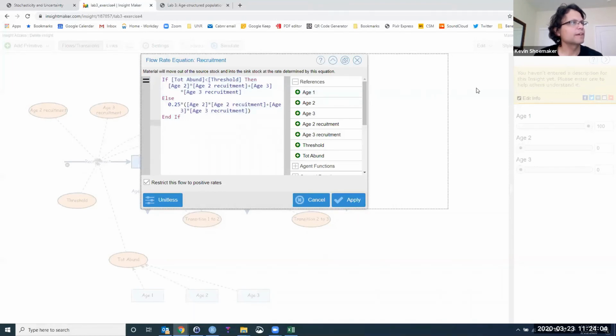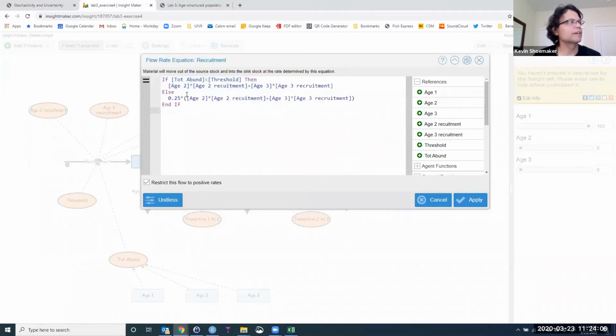So if the population exceeds a threshold, every recruitment rate is reduced by 75%, or it's 25% of what it was if the population is below the threshold.